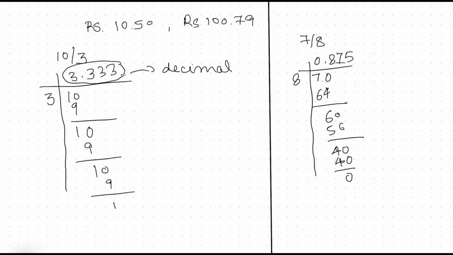Now here you see you got the remainder as 0, whereas in the previous one you got a remainder as 1, which was recurring. So you have two scenarios: one where you get a remainder of 1, and another where you have a remainder of 0.